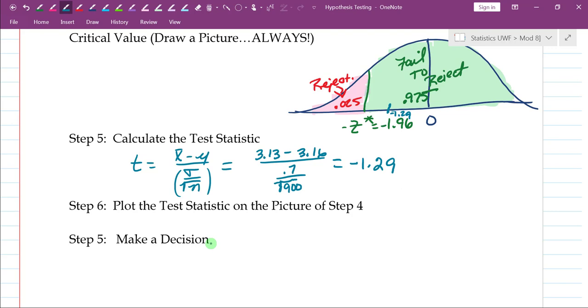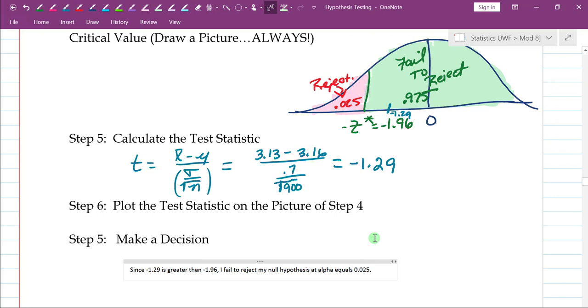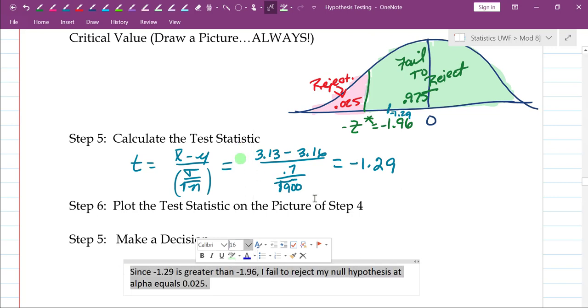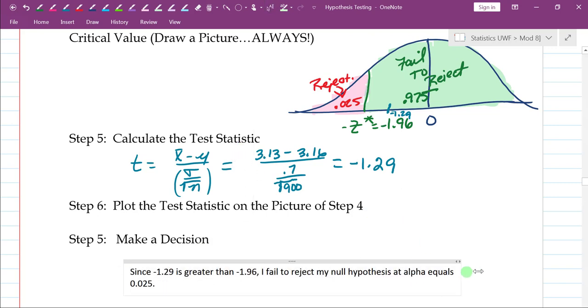So to make our decision, since negative 1.29 is greater than negative 1.96, I fail to reject the null hypothesis with an alpha equal to 0.025.